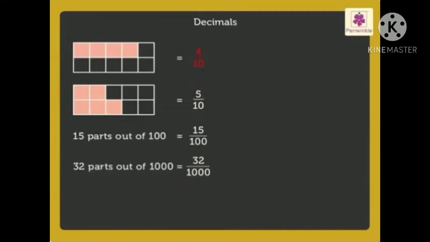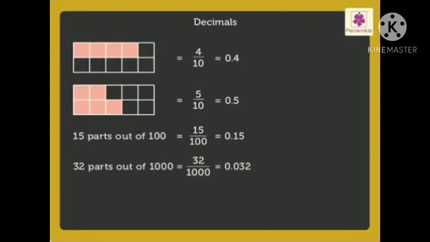Here, 4 upon 10 is represented as 0, then a point, and then 4, and is read as 0.4. Similarly, 5/10 is represented as 0, then a point, and then 5, read as 0.5. 15 hundredths is written and read as 0.15. 32 thousandths is represented as 0, then a point, then a 0, then 3, and lastly 2.